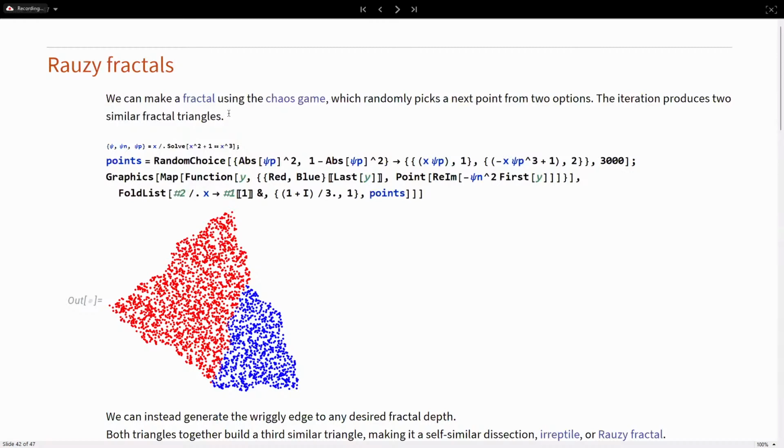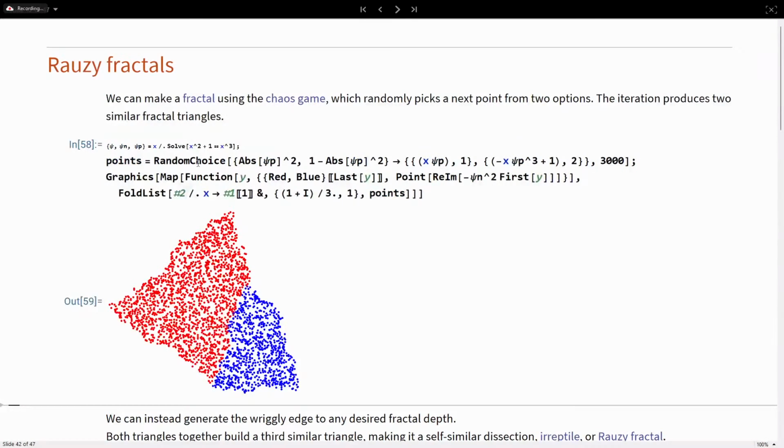Then that leads into Rauzy fractals. So here's a set of points, and we basically randomly pick either this value or this value, and then we just keep repeating that based on these pieces of this particular polynomial.